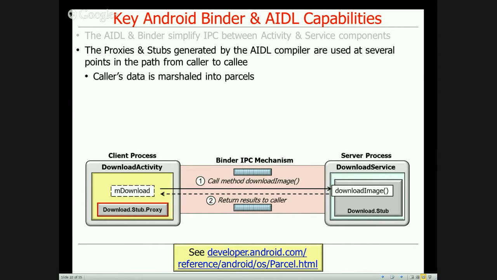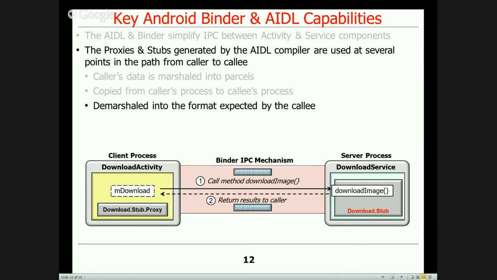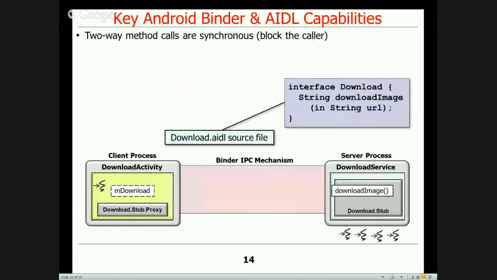There are some useful things about parcels that are really important to know for the next assignment. These parcels are then copied from the caller's address space, the process, to the callee's address space in its own process. Then the stub demarshals the parcels into the format expected by the callee, which in this case would be Java, but could be C or C++ for that matter. That's basically all there is as far as the code generated by the AIDL compiler.